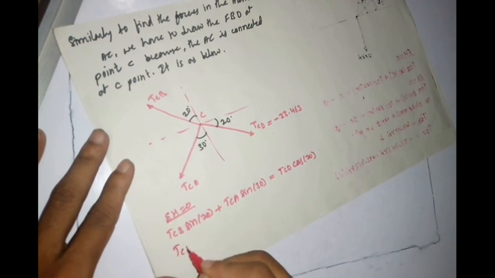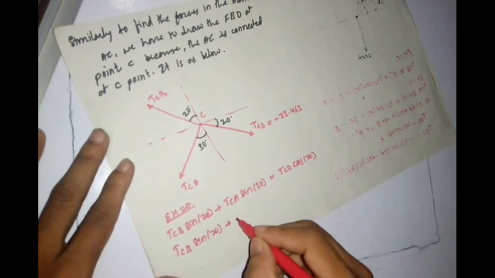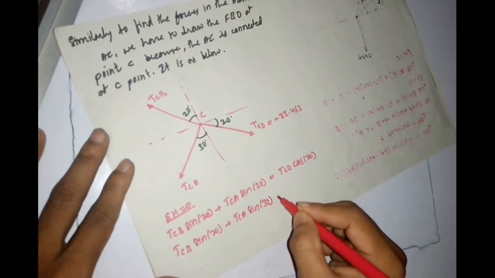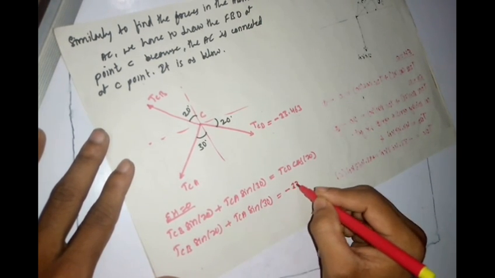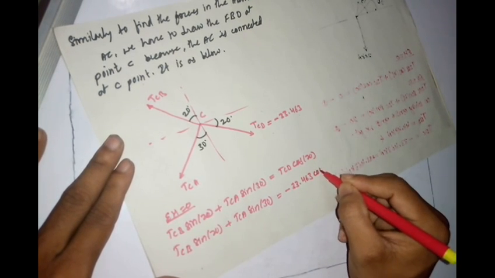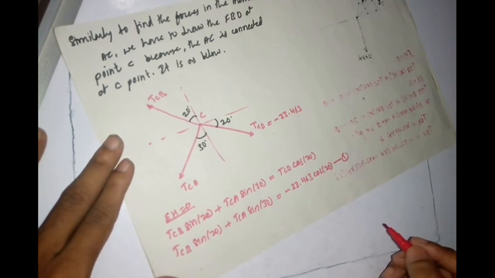So TCB sin 20 plus TCA sin 30 is equal to minus 33.463 cos 20. This is our equation number 1.